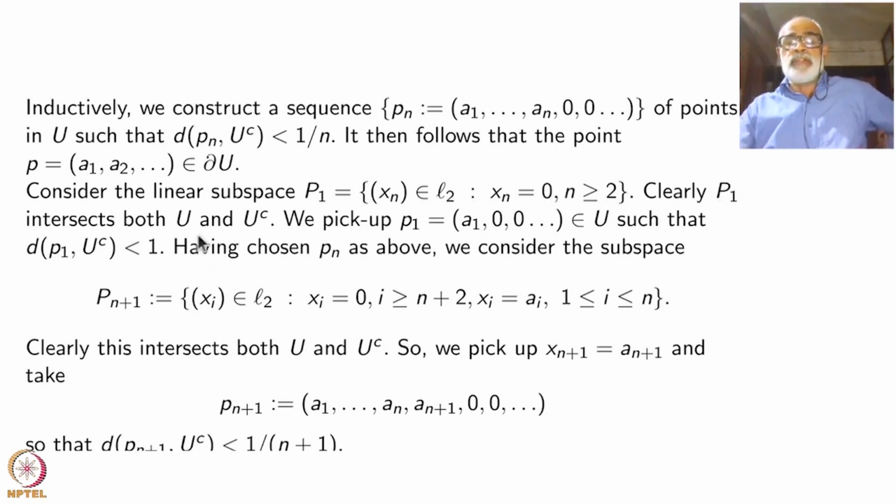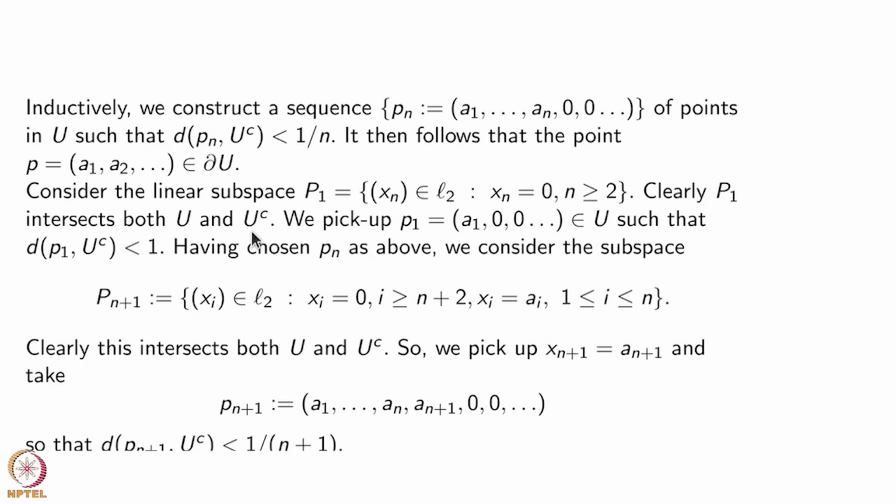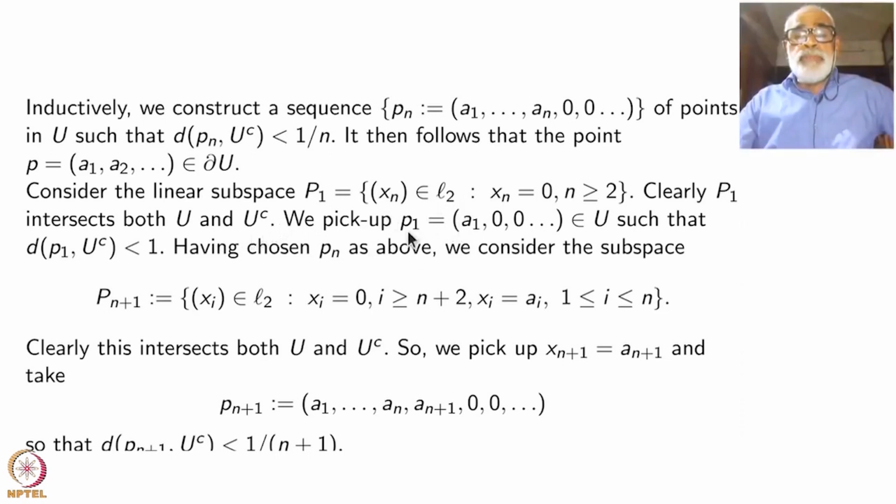Clearly, P1 intersects both U and the complement of U. Because U contains the origin, this line has to intersect U. Because U is bounded, it has to intersect the complement. This is the property I am using. On that subspace, there will be a point inside U very close to the complement of U.